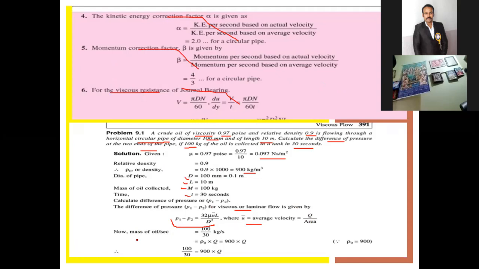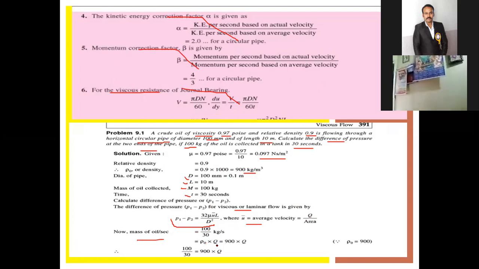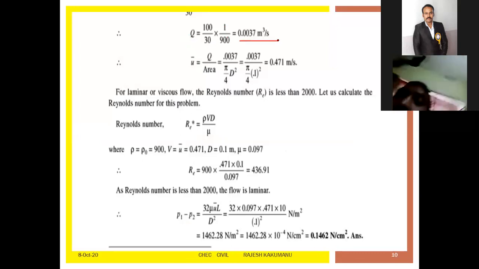Now we have to find the discharge. The mass of the oil per second is equal to 100 by 30, which equals rho into discharge, 900 into Q. Therefore 100 by 30 is equal to 900 into Q. So we know that rho is equal to 900. Therefore the Q value comes: 100 by 30 into 1 by 900, that is the discharge.